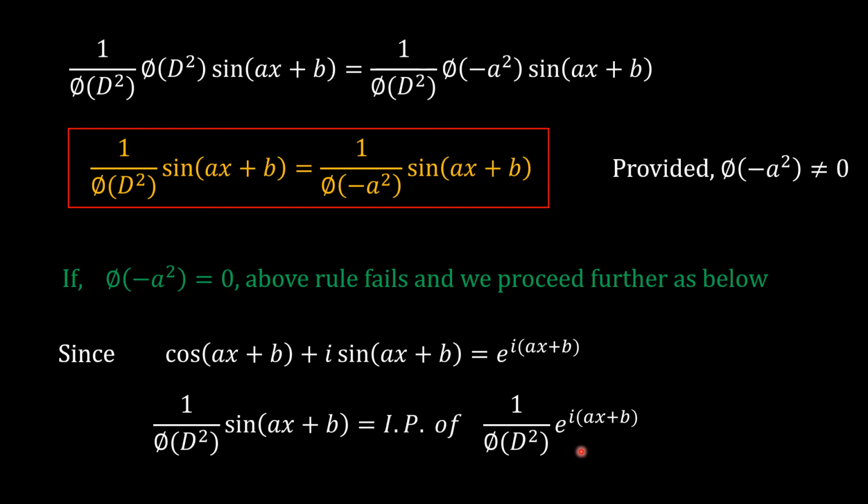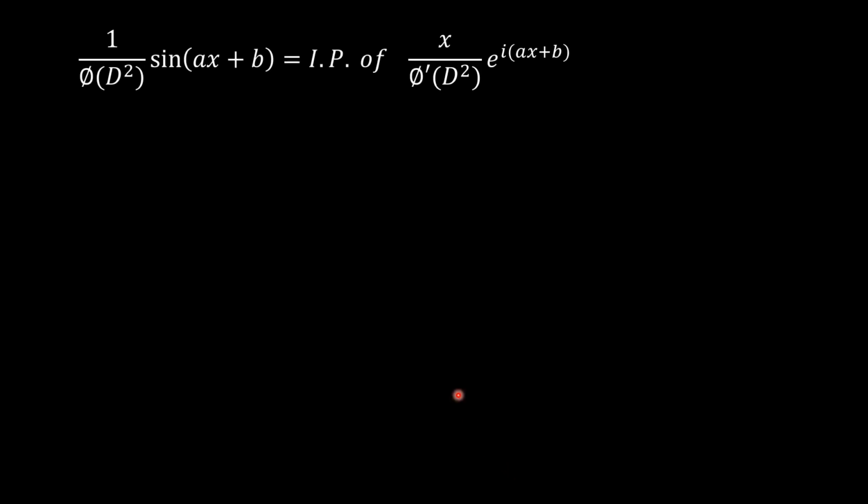Now we know that in the case of the exponential function, if the denominator is becoming 0, then we use that rule for evaluating the particular integral, and it gives us the imaginary part of x divided by phi dash of D square e raised to i of ax plus b. So this is the case when the denominator phi of D square is becoming 0. In this way, in the case of failure, we have evaluated the particular integral.